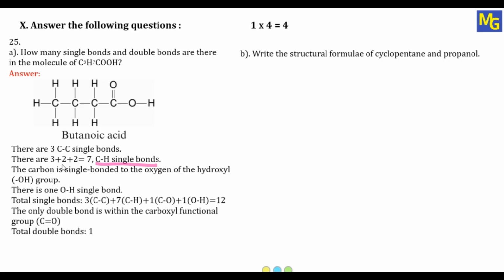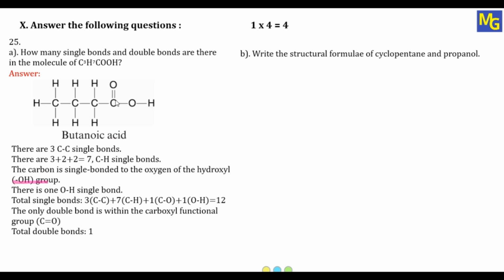So here how to do these all? So see here 1, 2, 3, 4, 5, 6 and 7. So total 7 CH bonds we have. Total 7. So 3 CC single bond and 7 CH single bonds. Now, the carbon is single bonded to the oxygen of hydroxyl OH.